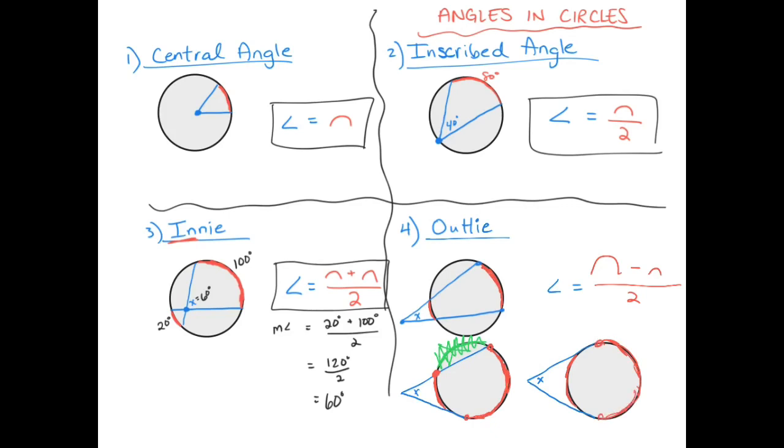So I still have two arcs. All right, so there's an overview of all of the angles that we're going to see in this chapter. I suggest having this sheet as like a little cheat sheet, so you have something that you can refer back to. So next I'm going to work through a couple examples of innies and outies, and you guys can get some practice on that. All right, see ya.